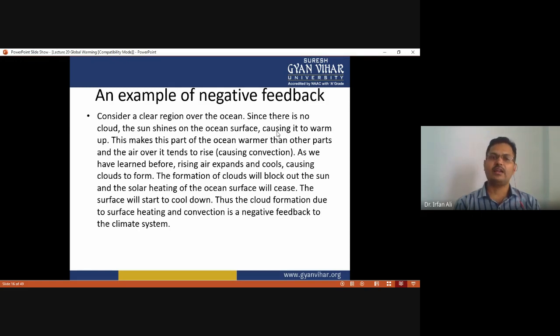As we have learned before, rising air expands and cools, causing clouds to form, and the formation of clouds will block out the sun and the solar heating of the ocean surface will cease. So here the negative impact starts, and the surface will start to cool down. Thus the cloud formation due to surface heating and convection is negative feedback to the climate system. This is a very good example of negative feedback.